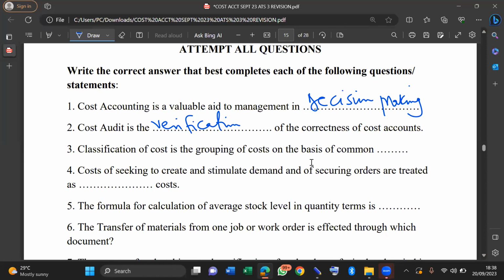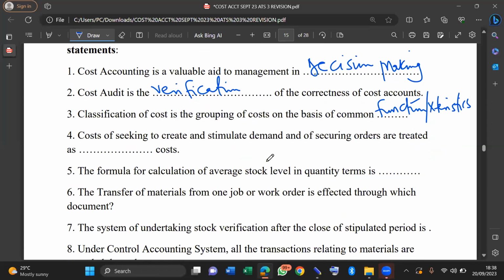Classification of cost is the grouping of cost on the basis of common element. Common function. It can also be characteristic, as you said. Correct.